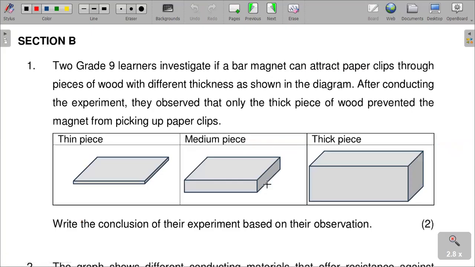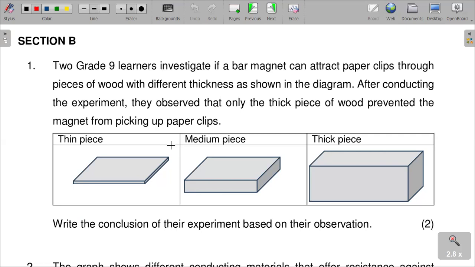Grade 9 learners investigate if a bar magnet can attract paper clips through pieces of wood with different thickness as shown in the diagram. After conducting the experiment, they observed that only the thicker piece of the wood prevented the magnet from picking up paper clips.